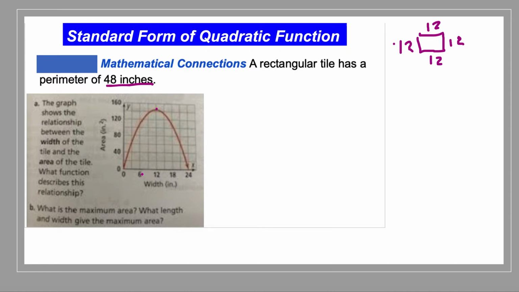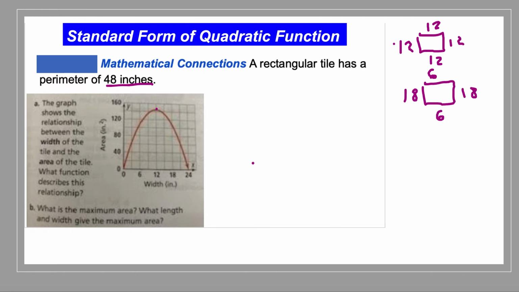So let's say the width is 6, and this one is 6. The perimeter has to be 48 inches, so the other sides have to be 18 and 18, because 18 plus 18 is 36, plus 6 is 42, plus 6 is 48.